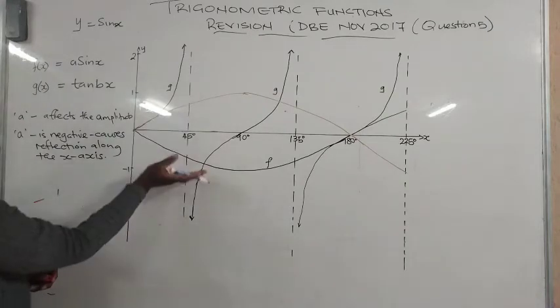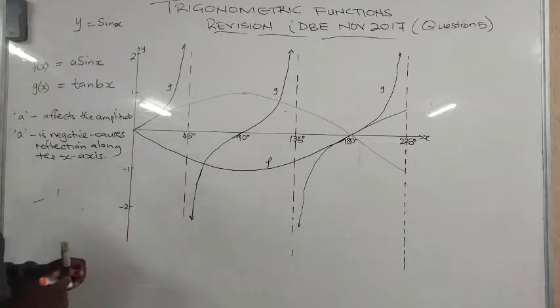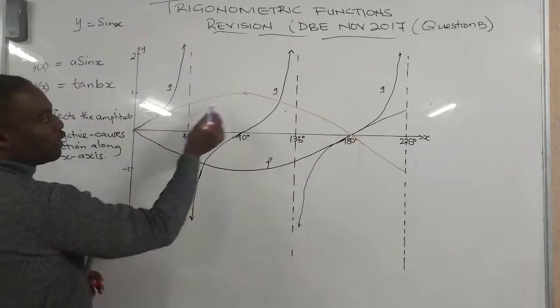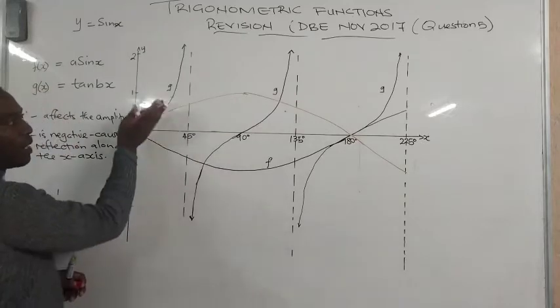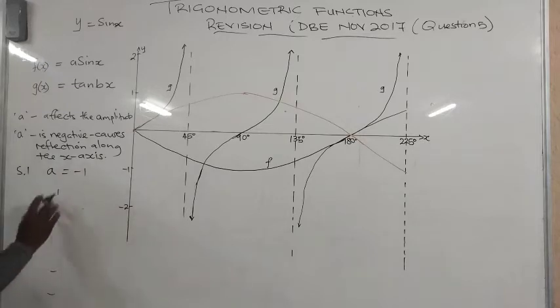So if we check the relationship of these two graphs, we can see that this one came as a result of reflecting this. That means our a should be negative. So for 5.1, we are saying a is equal to -1.